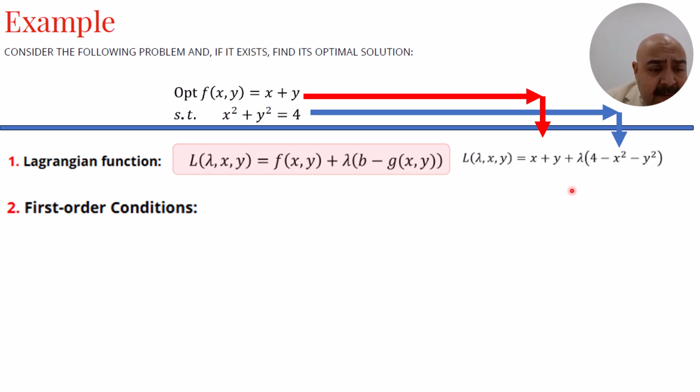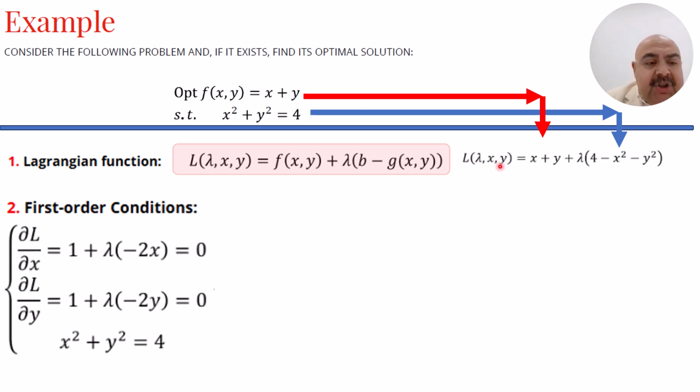The second step is to find the first order conditions, which come from differentiating these functions with respect to their variables, which is really very simple. So all I have to do is to differentiate the Lagrangian with respect to x, and then put this first partial derivative equal to 0. So let's do it.